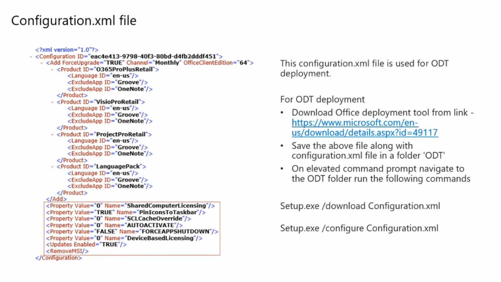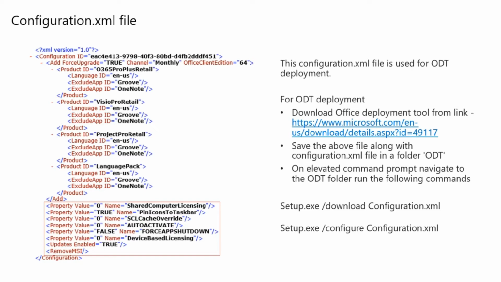Once the deployment tool uses this configuration, it knows whether it needs to enable shared computer licensing. For example, if this is set to 1, you would see a registry key enabled in the Office registry hive: Click to Run, Microsoft, Office, 16, and Click to Run.